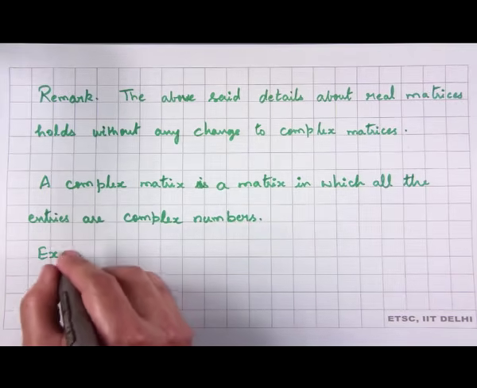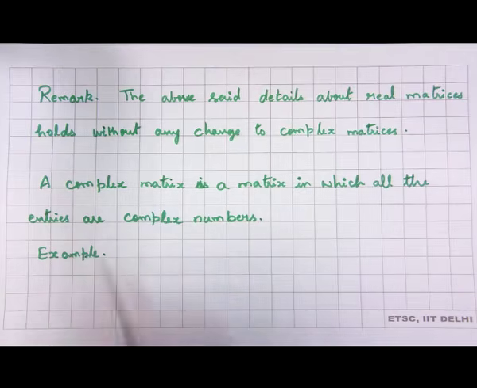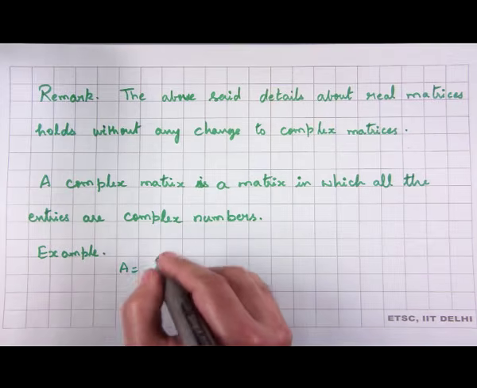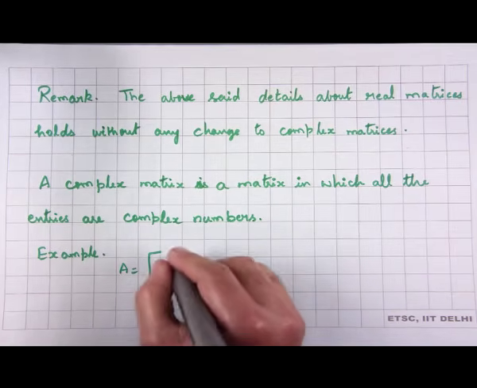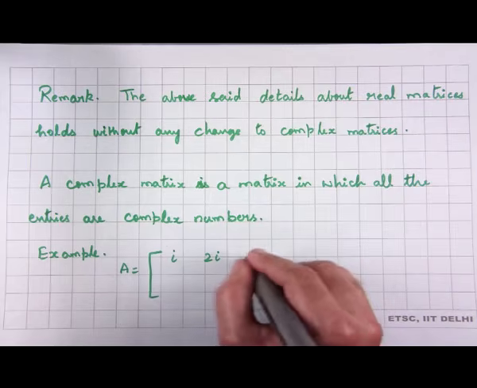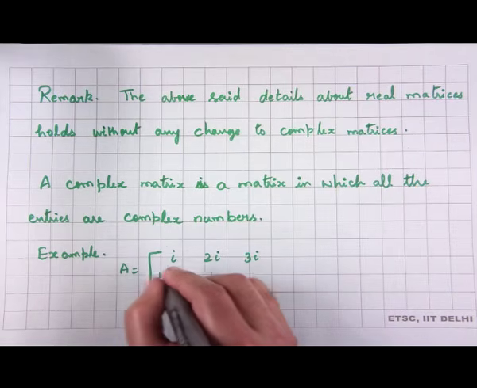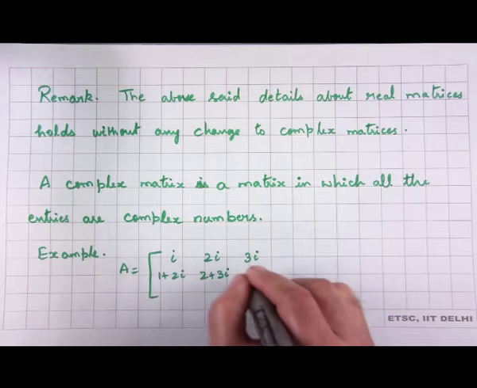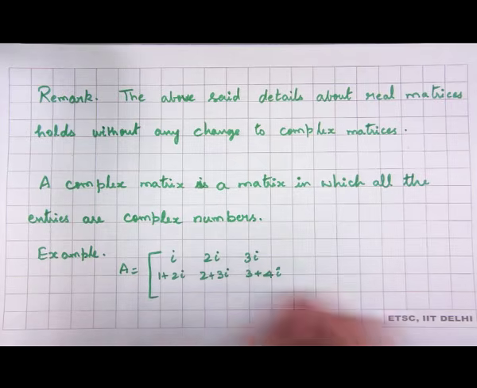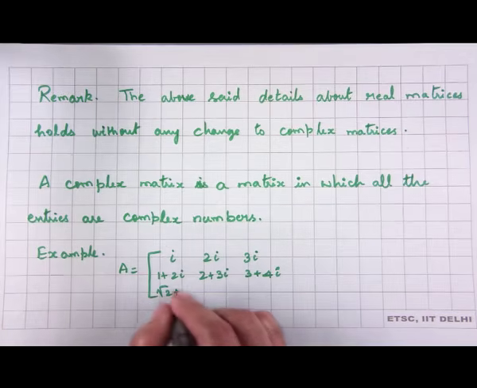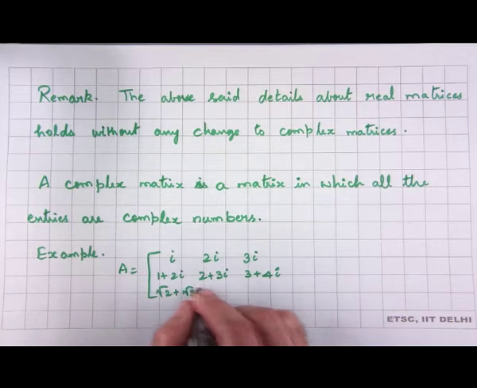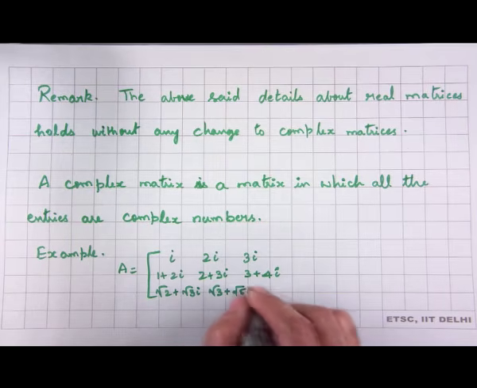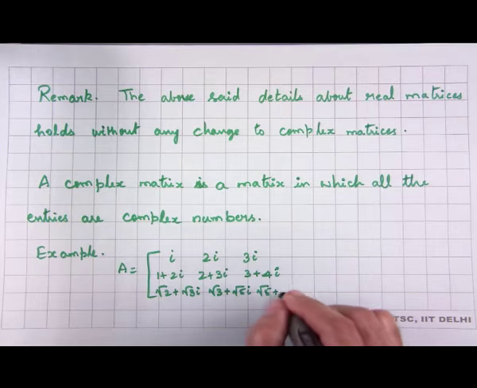Example, look at this matrix A, which is given by i, 2i, 3i, 1 plus 2i, 2 plus 3i, 3 plus 4i, root 2 plus root 3 i, root 3 plus root 5 i, root 5 plus root 7 i.